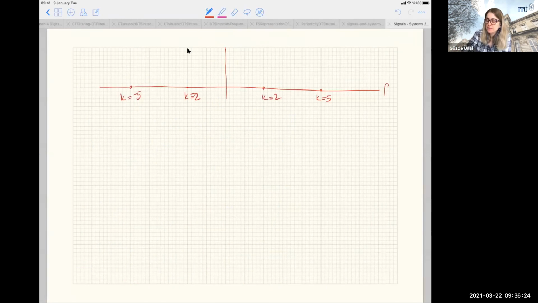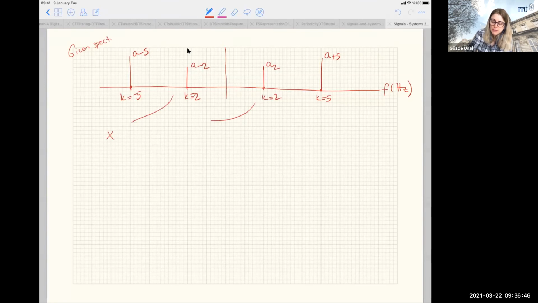So I know it's a real signal, and I can represent it in terms of cosines and sines. What Arda is saying is a good point. Read it off like these are A2. You can read off these phasor coefficients. From here, write a cosine. So I would say, for instance, given spectrum, you guys should be able to do this. Write down the signal.